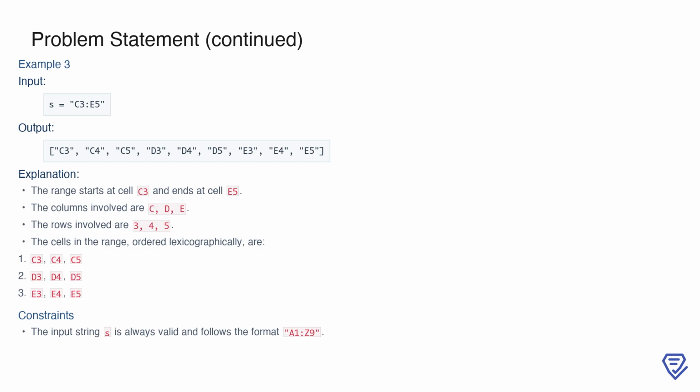Then, for column D, we again include rows 3, 4, and 5, and finally, for column E, we do the same. When we arrange these cells in lexicographical order, the final output is C3, C4, C5, D3, D4, D5, E3, E4, E5. This example demonstrates how the solution handles ranges that span multiple columns and rows.